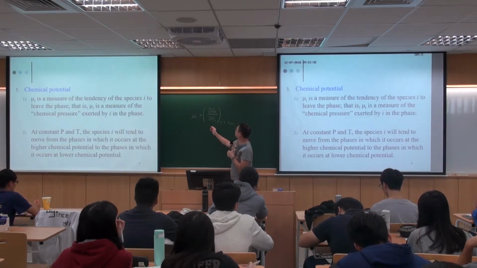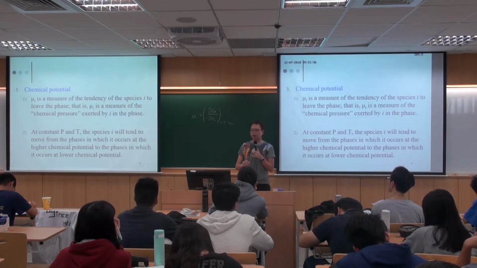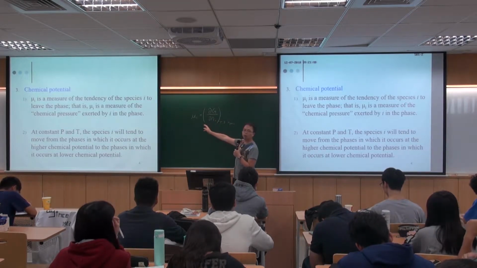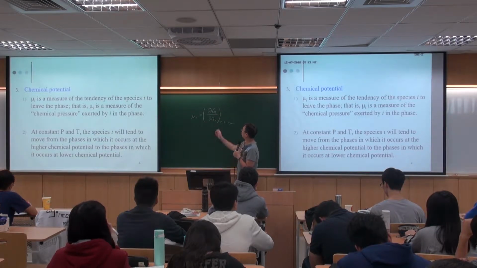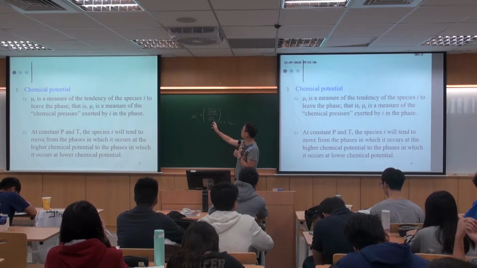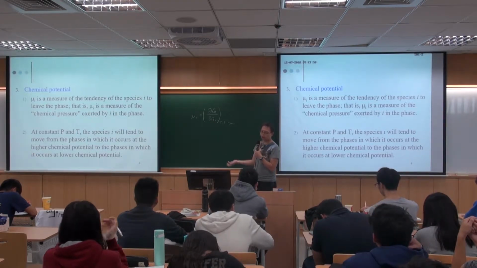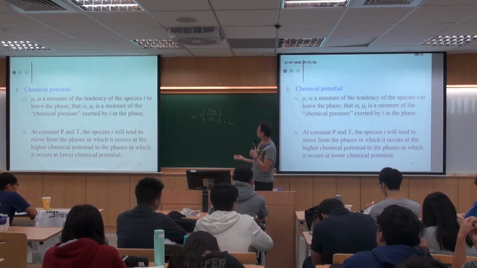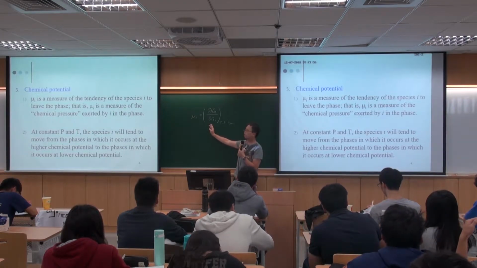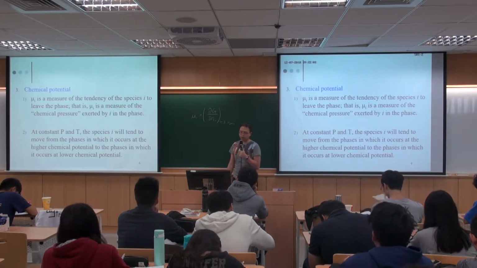So if you're dealing with the chemical potential of a certain species i in your material system, then it can also be expressed as the rate of change of Gibbs free energy when you change the amount of molecules in that species, or in that phase, or in that component. Therefore, you can say it's the molar change of Gibbs free energy for this certain species.